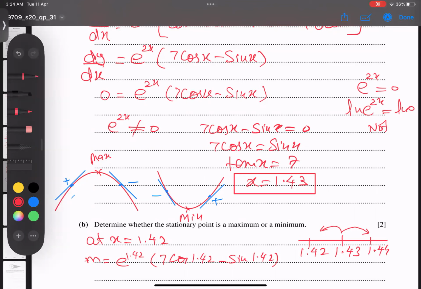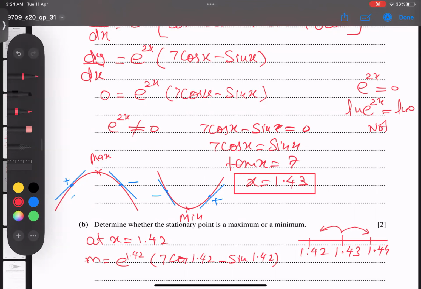And now at x equal to 1.45, let's see what answer comes for this point. 7 cos of 1.45 minus sine of 1.45. I simply replace every x with 1.45. It is giving us negative.